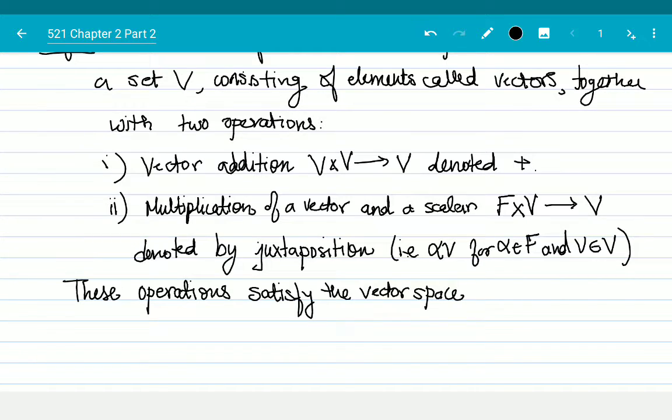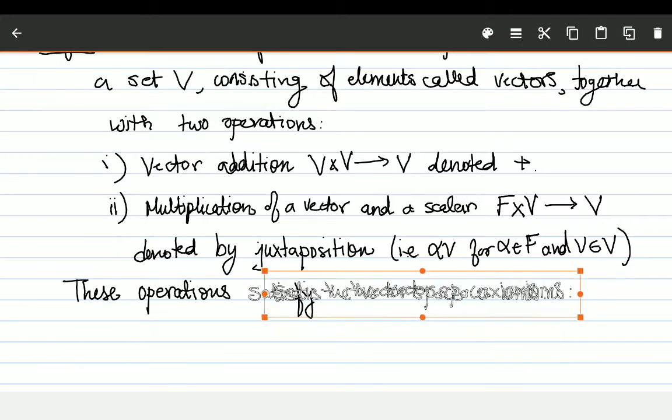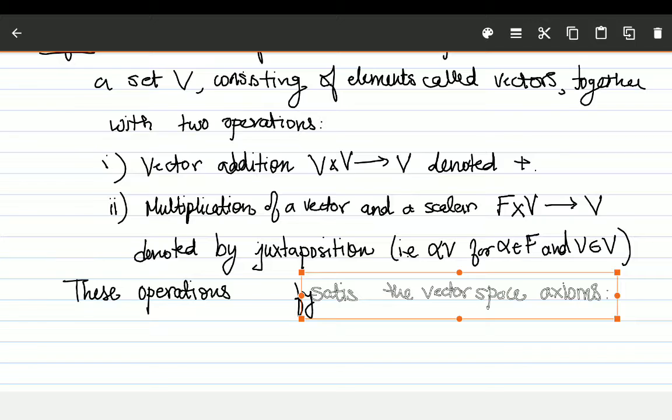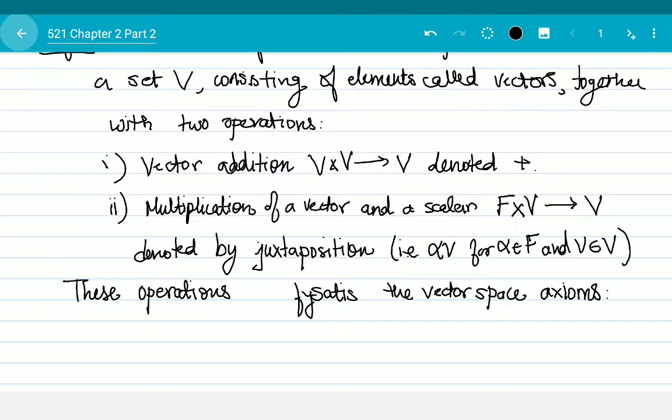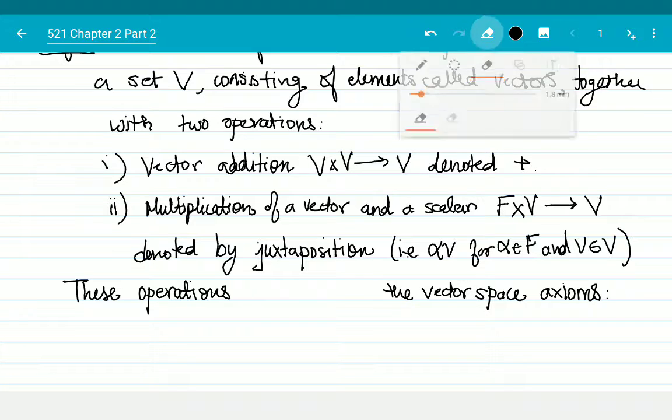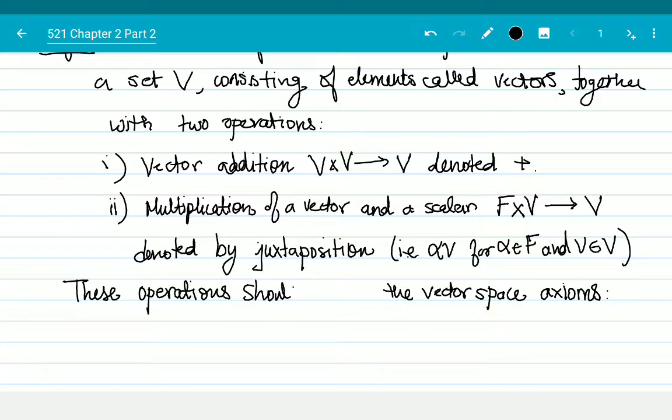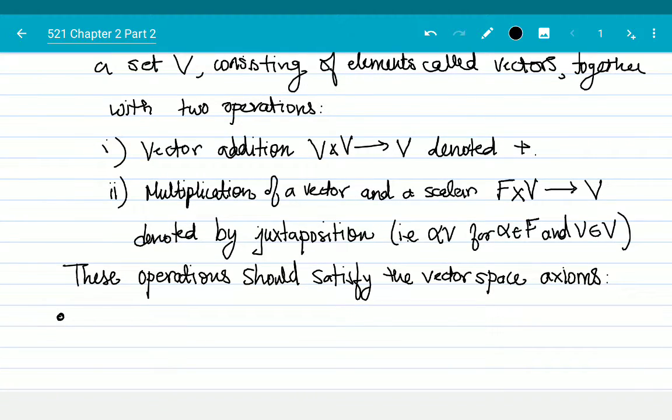These operations should satisfy the vector space axioms, which are, first, the vector addition is commutative and associative.